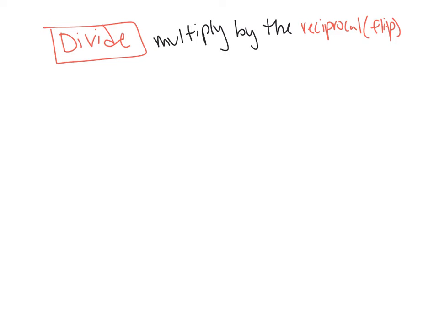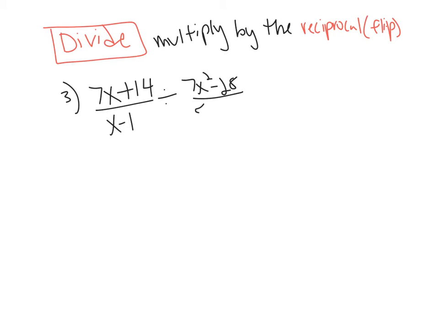Okay, so let's look at an example of how we can divide rational expressions. Let's say we have 7x plus 14 divided by x minus 1, and we are going to divide that by 7x squared minus 28 divided by 5x squared minus 5.